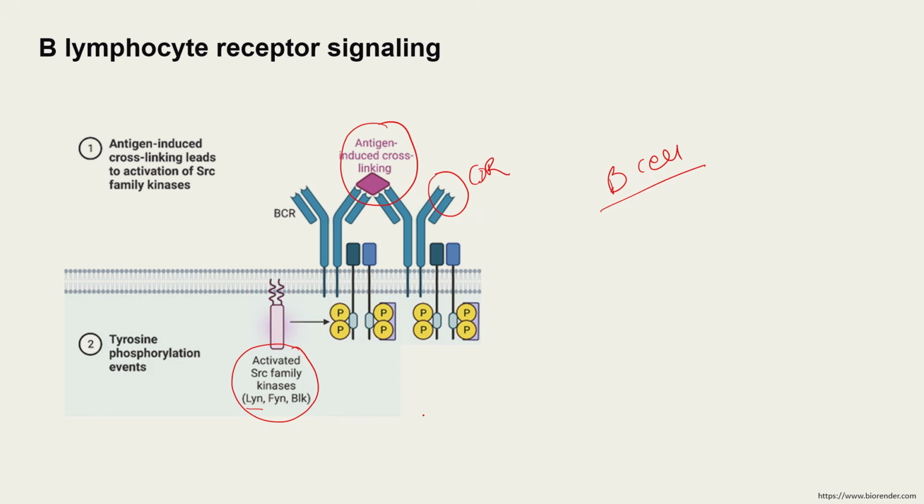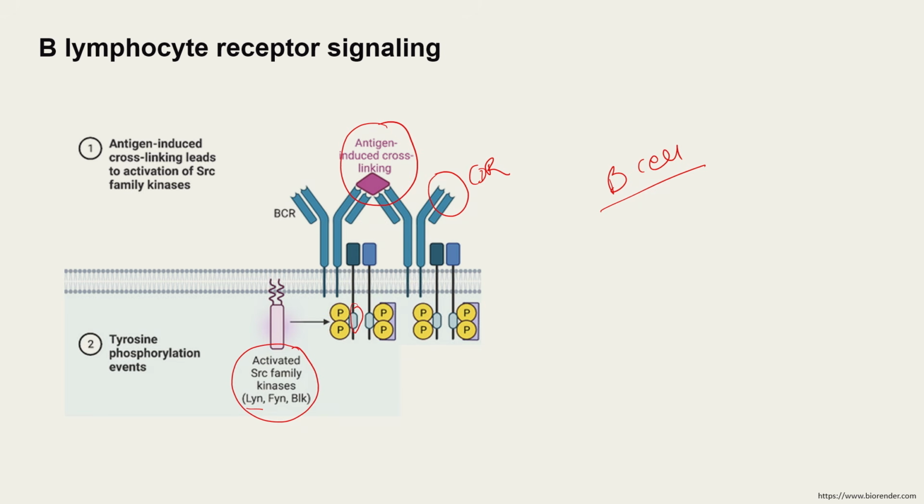These are some examples. There are 9 total SRC family kinases which are reported to date. They will do a phosphorylation of ITAM molecules which are present in the Ig alpha and beta of B cell receptor.